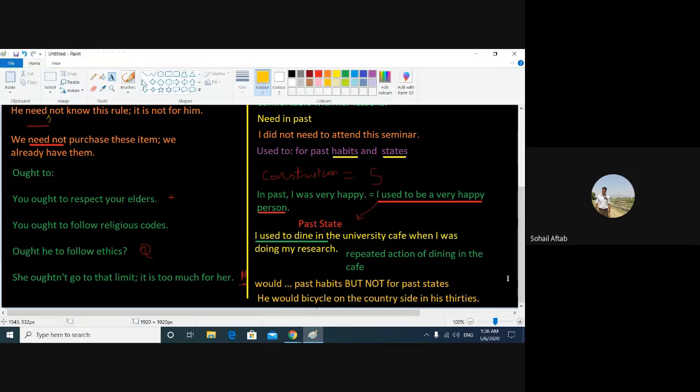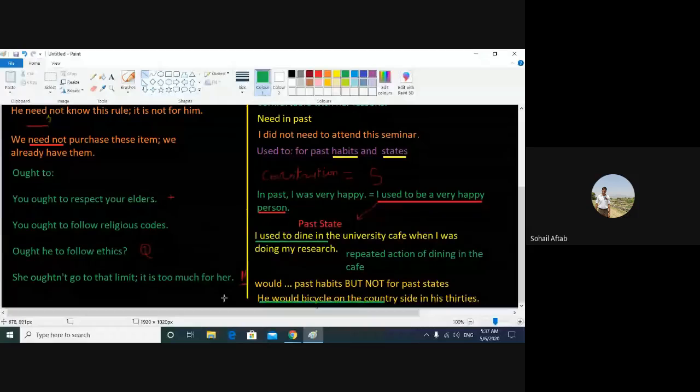Now, in this example, that is also a repeated action, okay? A repeated action, that of his bicycling. He would bicycle on the countryside, okay? That is a repeated action that he did in the past.